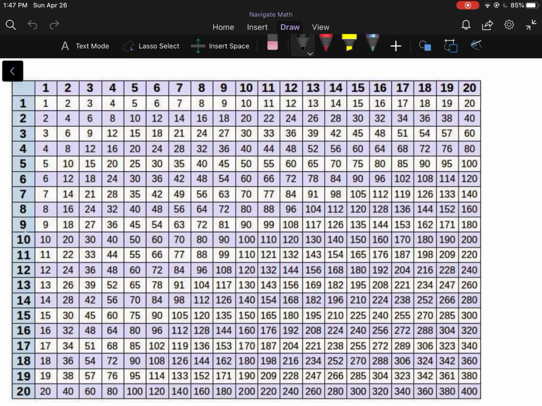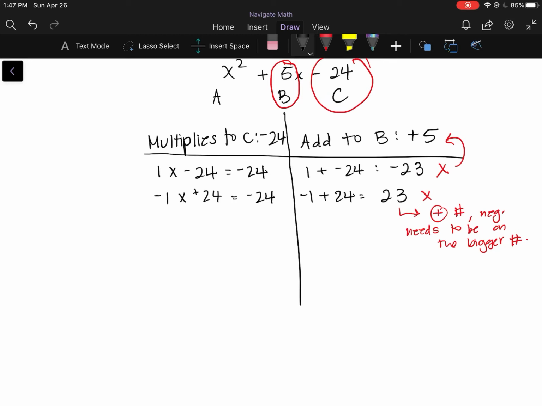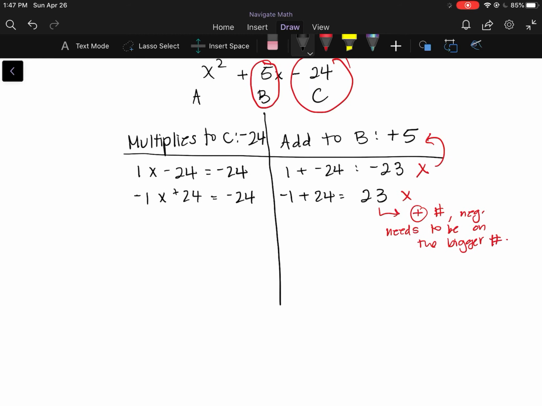Let's go to 2. Well, if I go to 2, here's 24. It says that 2 times 12 equals 24. So if I go back to this page, I know that, and let me change this, the negative is on the smaller number. So the negative needs to be on the smaller number to make the factors add up to a positive number.